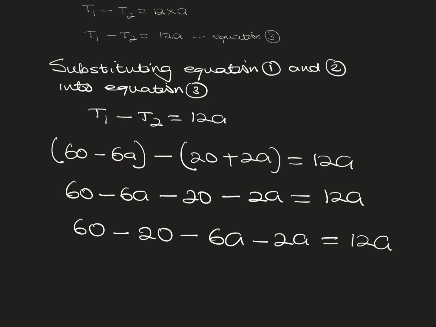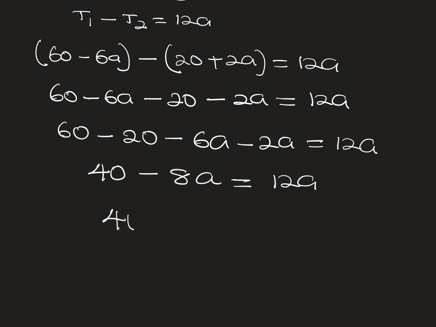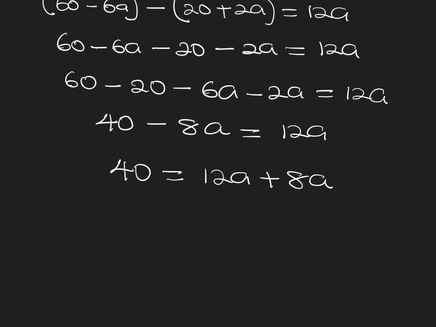So 60 minus 20 is 40, then minus 6A minus 2A is minus 8A is equal to 12A. So we have 40 is equal to 12A plus 8A. If we collect like terms, 40 is equal to 12 plus 8, which is 20A.